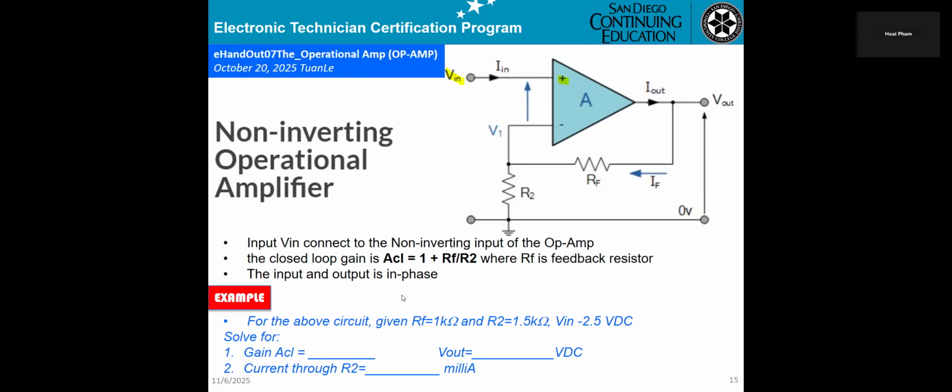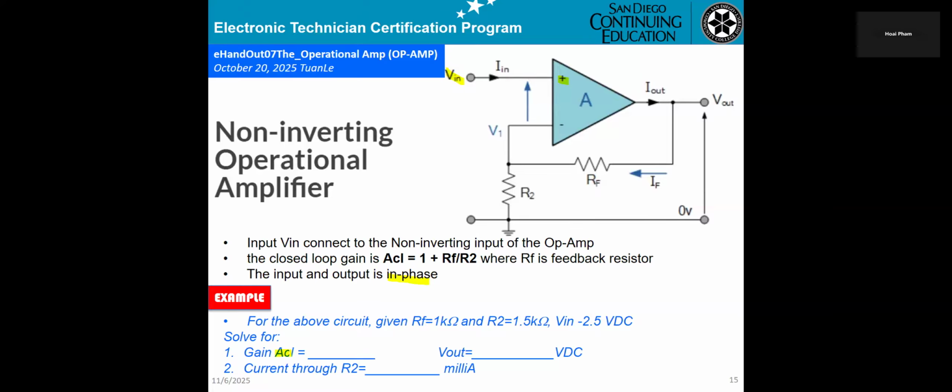Input and output are in phase. For the circuit shown, they gave you RF, R2, V in, and they want you to solve for ACL.